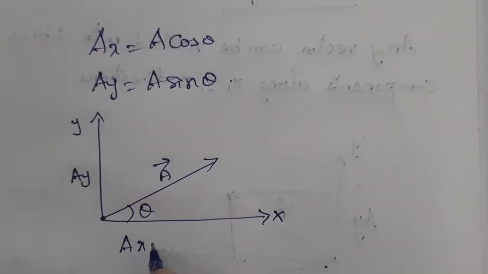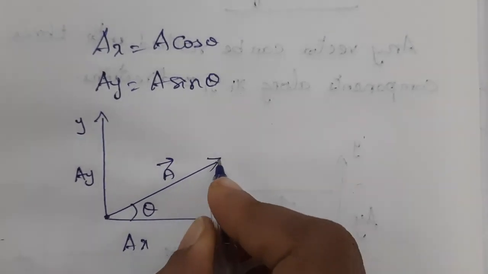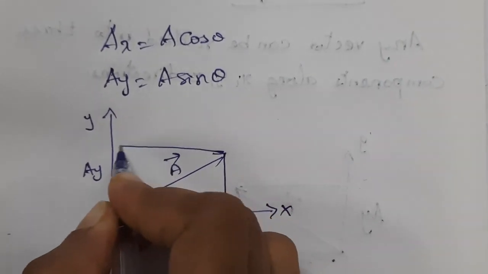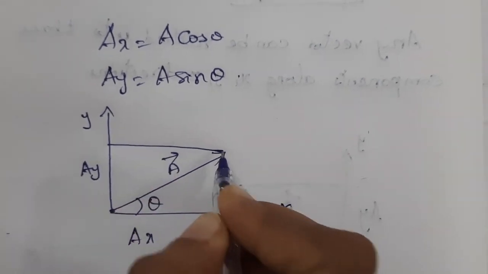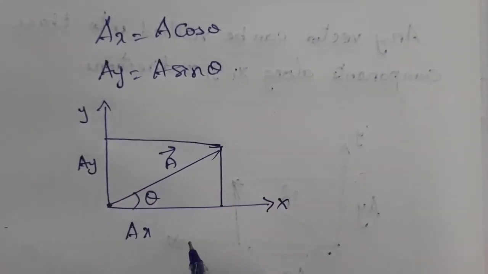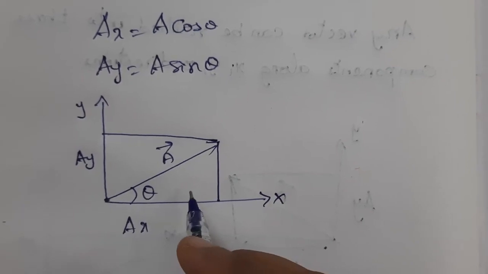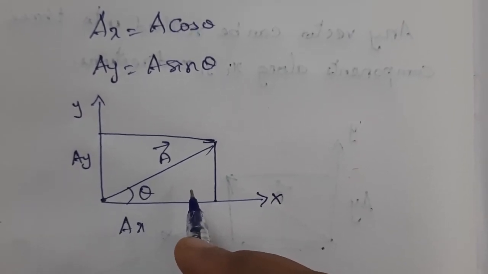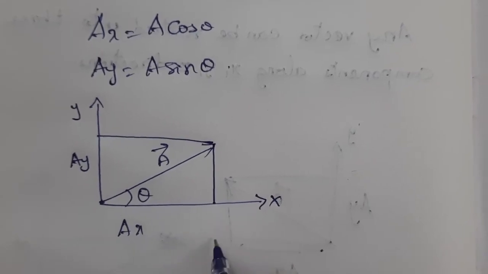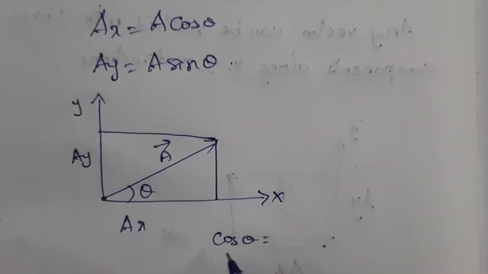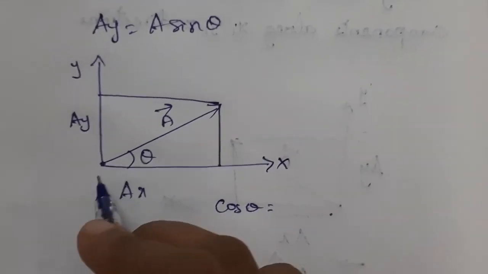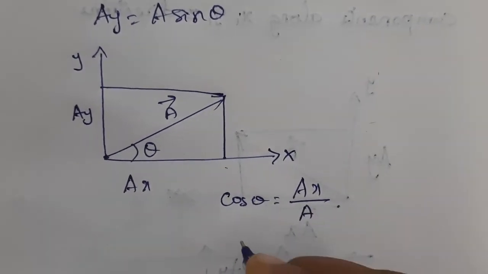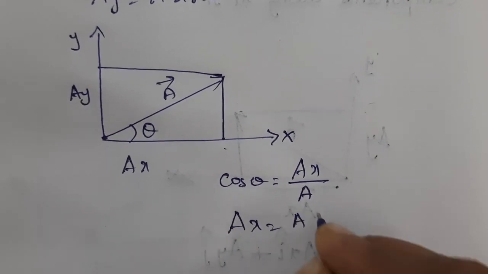What is the value of this? Drawing a perpendicular line from this vector to this axis and a perpendicular line from this vector to this y-axis. From this figure, tell me the value of cos theta. Cos theta is equal to adjacent side by hypotenuse, so ax by a. From this, ax is equal to what?